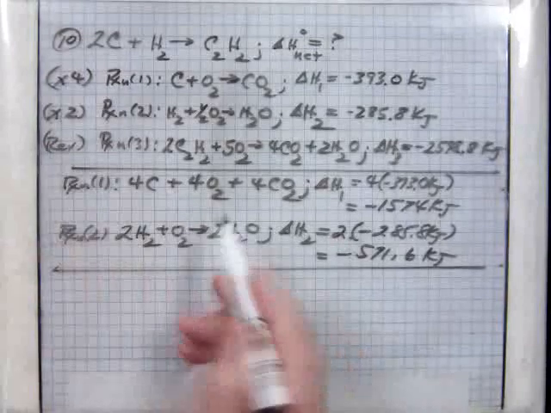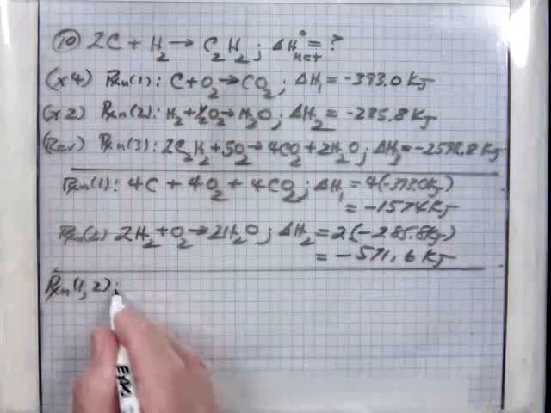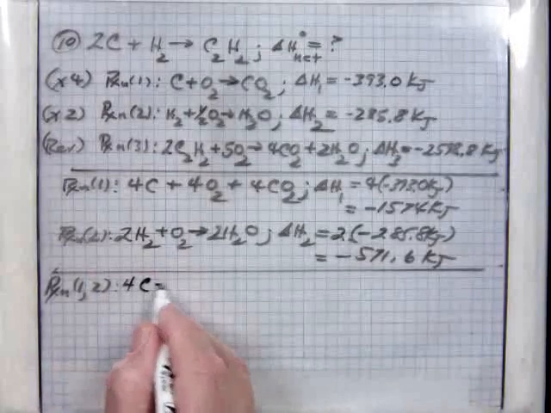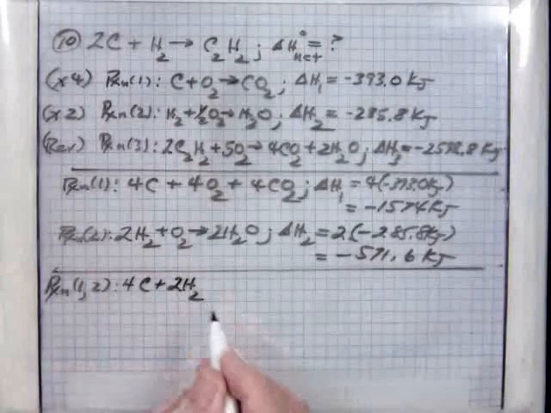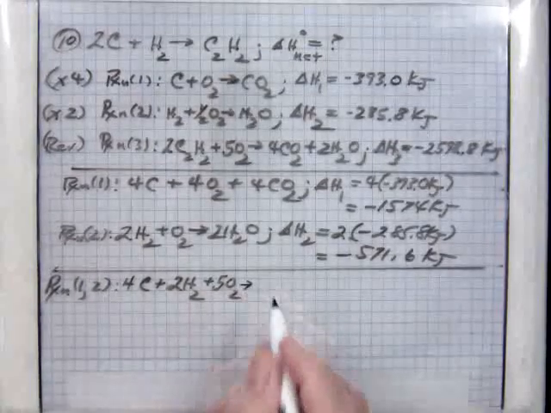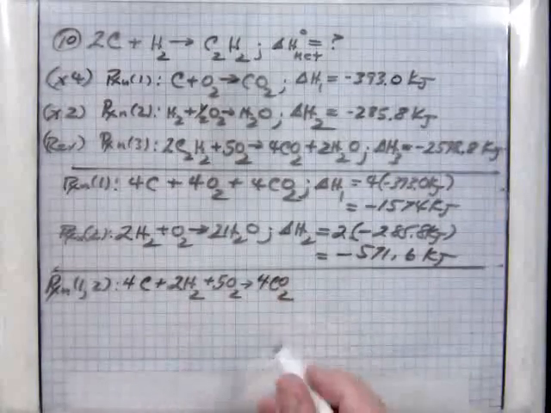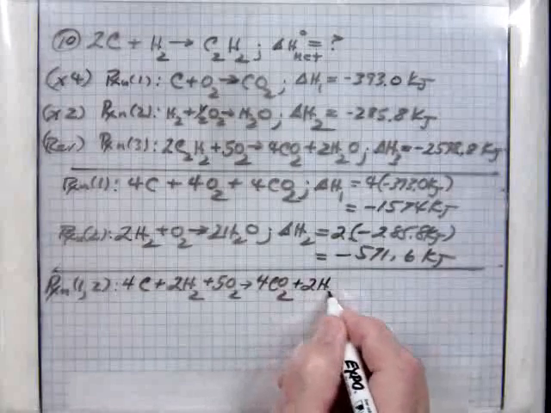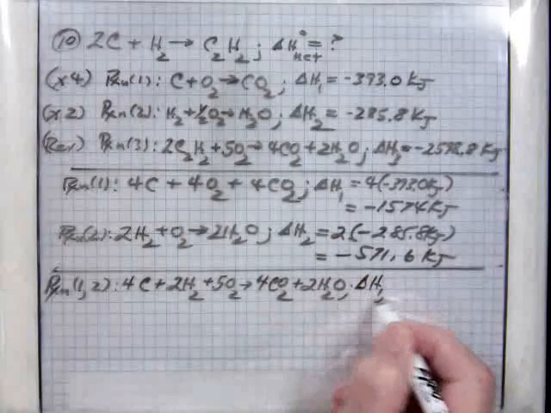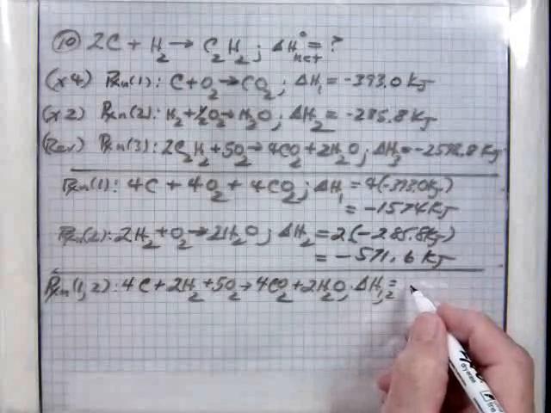So we wind up with reaction 1, 2, like this, and it comes out 4 carbons plus 2 H2s plus 5 O2s goes to 4 CO2s and 2 H2Os, and delta H1, 2 now becomes the sum of those two, and I'm just going to give you the net here.